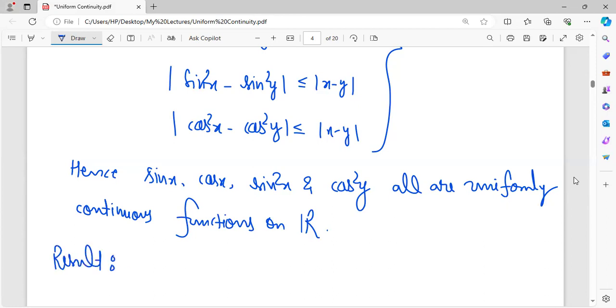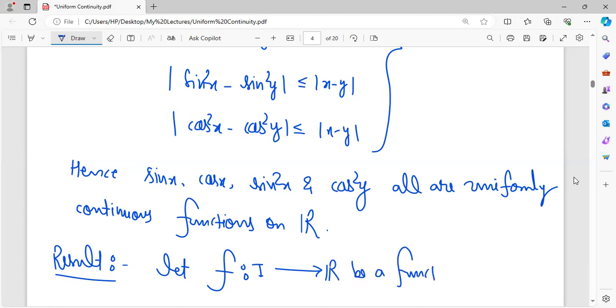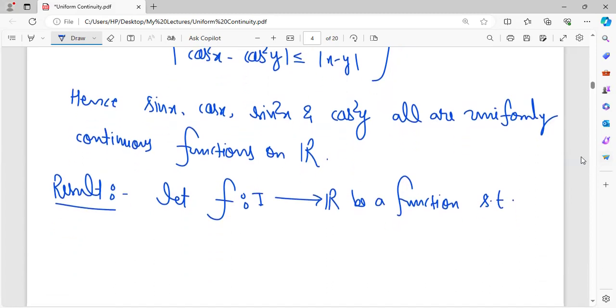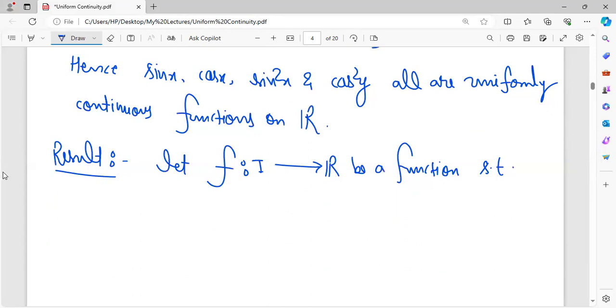So we are going to prove another important result. Let f: I to R be a function such that the derivative function is bounded.